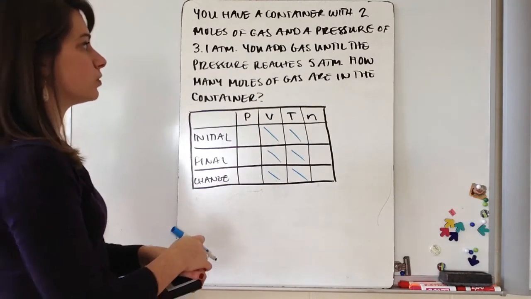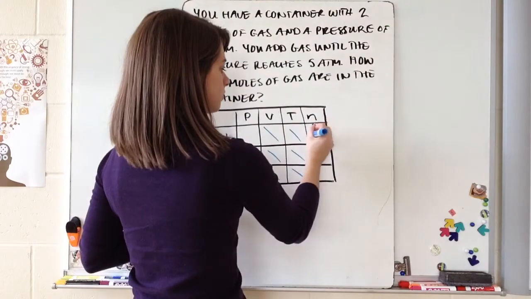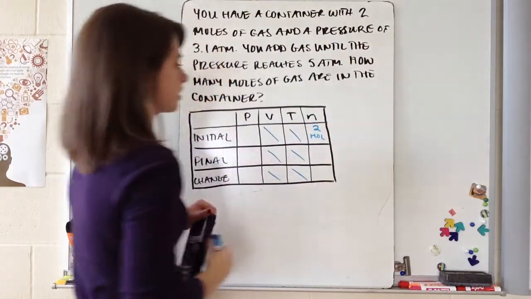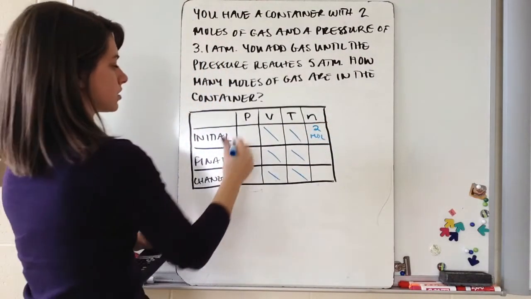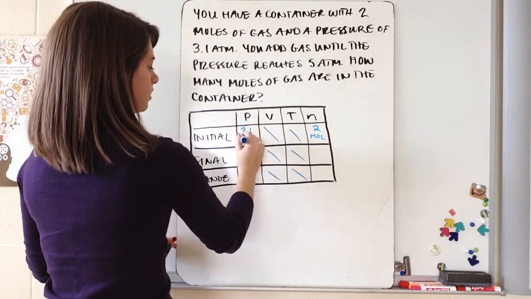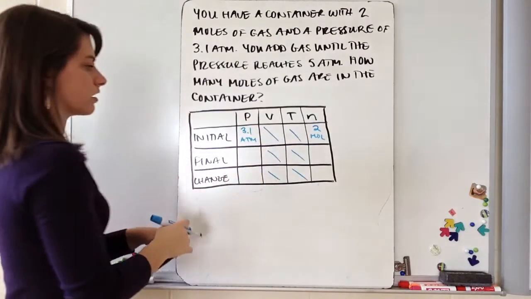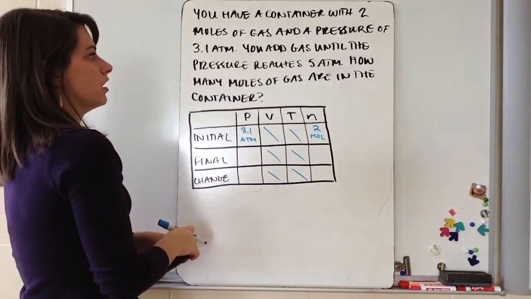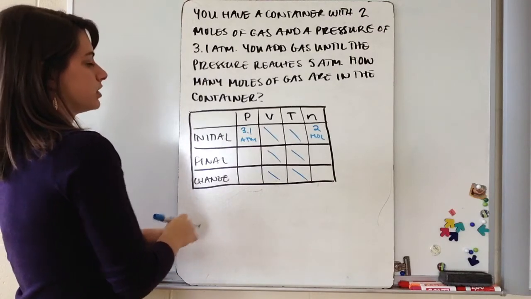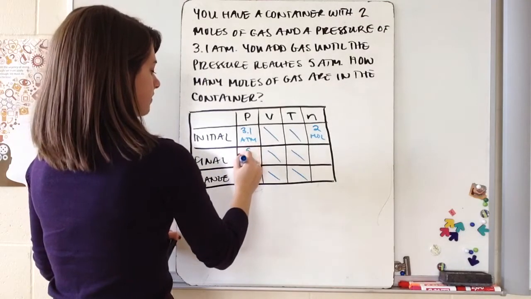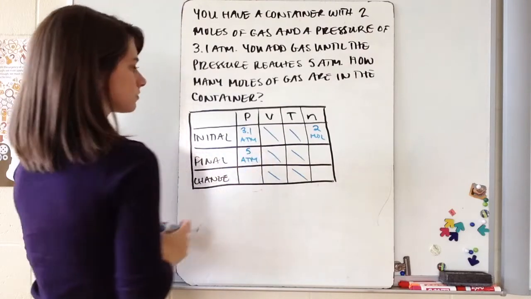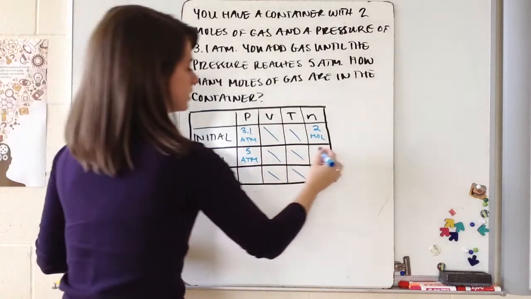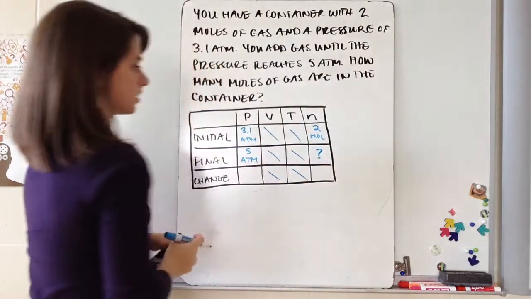So we have 2 moles of gas. So that's our initial N. And it has a pressure of 3.1 atmospheres. So that's our initial pressure. You add gas until the pressure reaches 5 atmospheres. So 5 atmospheres is our final. How many moles of gas are in the container? So that's what we're looking for.